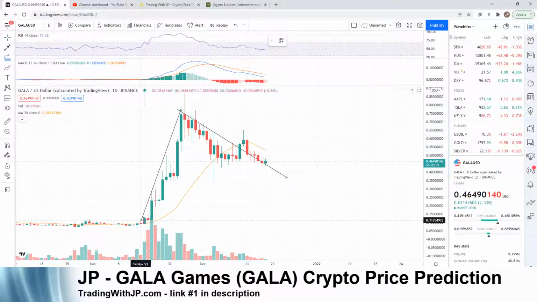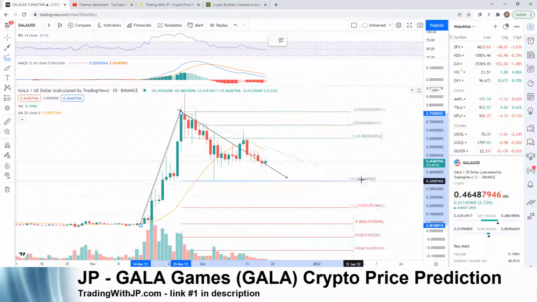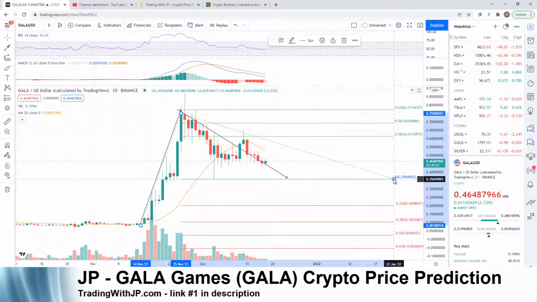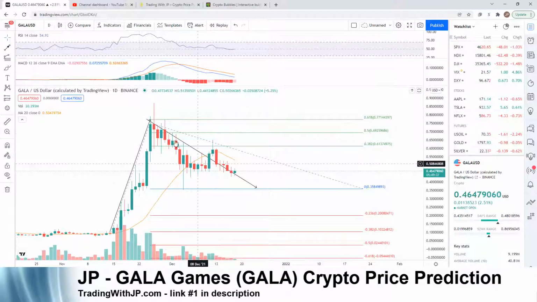So we use our fib extension retracement down to this level here. We could potentially be looking at something like that if the price continues to keep going down just a little bit. We could potentially be seeing something like the 35 mark.